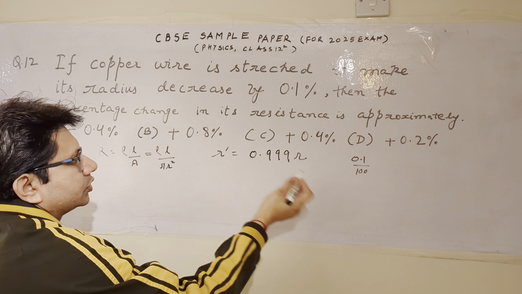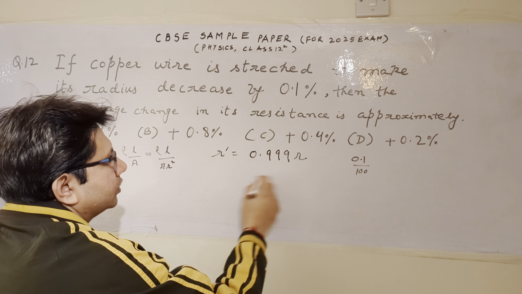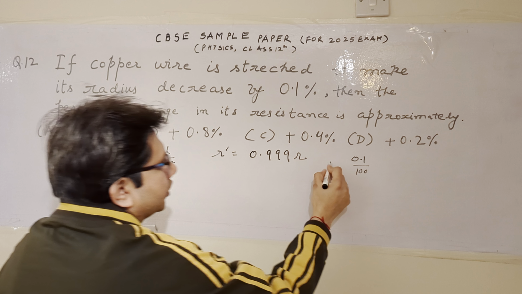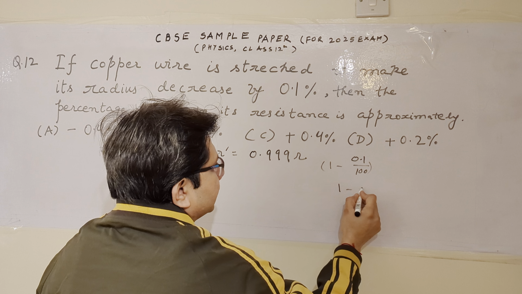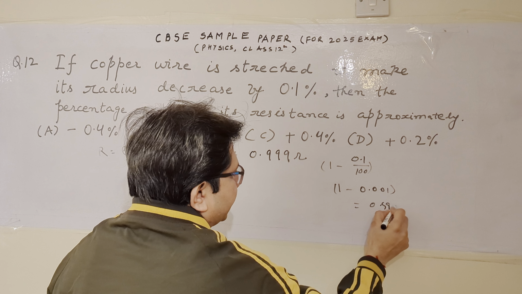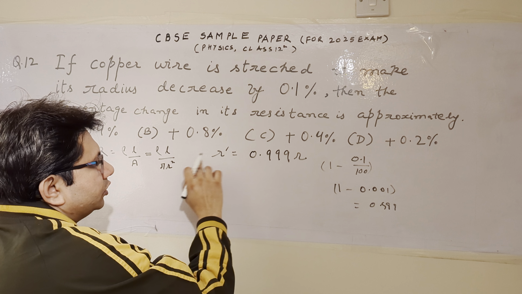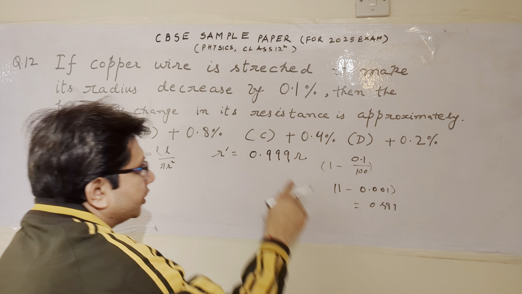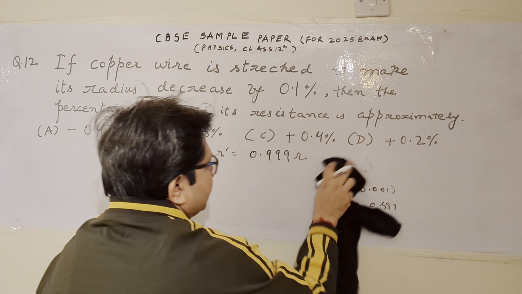If we subtract this from the earlier value of r, we get 1 minus 0.001, which is nothing but 0.999. So the new radius is 0.999 times r.